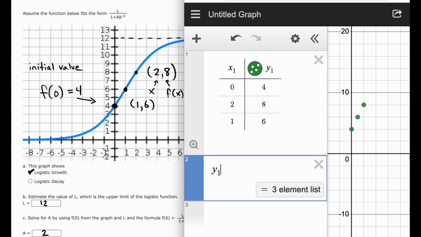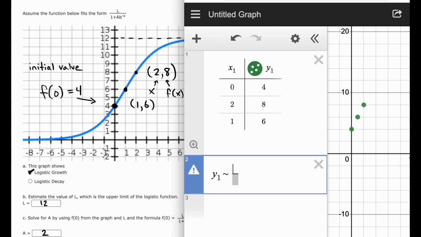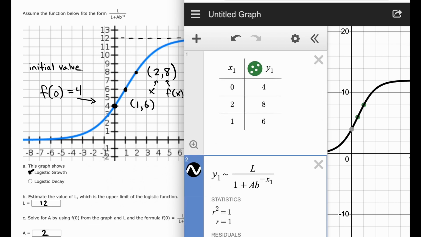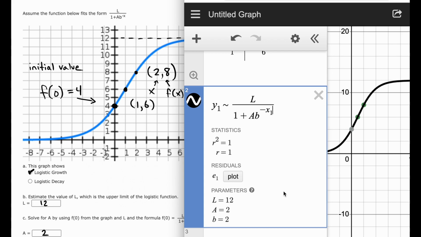So type in y1 tilde and then just copy the general logistic equation, and you have to put subscript 1s on your x's and y's. And it looks like those 3 points were enough to complete the logistic regression.